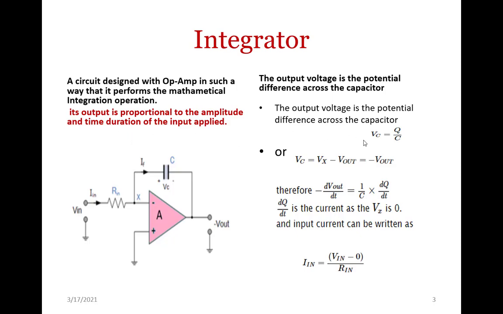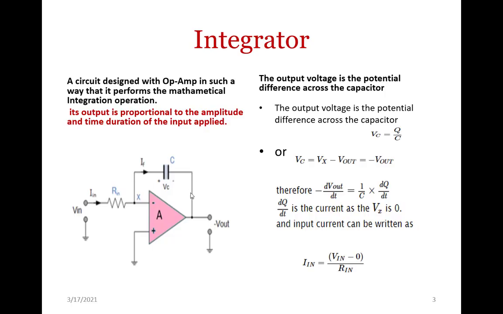And we know the expression for the voltage across the capacitor as Q by C, where Q is the charge across the capacitor and C is the capacitance of the capacitor. Now, the voltage across the capacitor is given by the difference in potential between these 2 points.